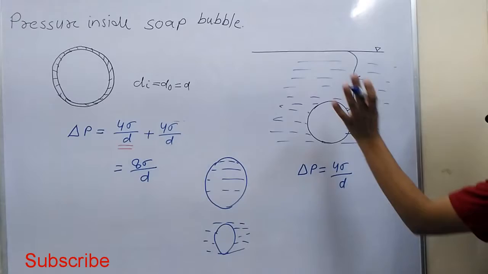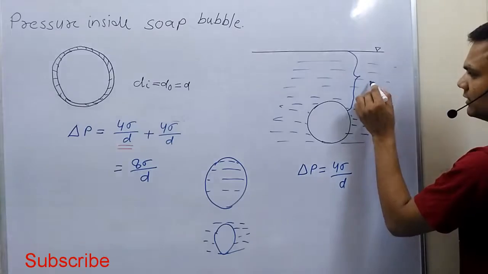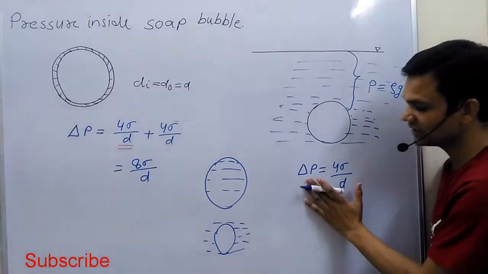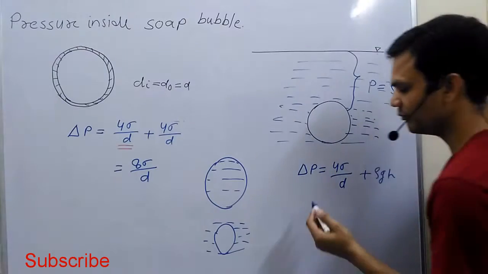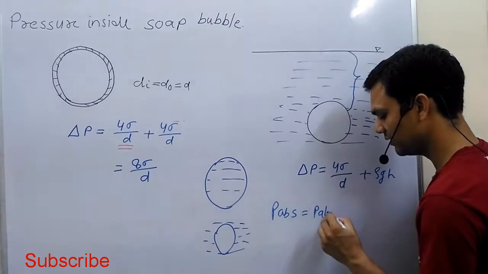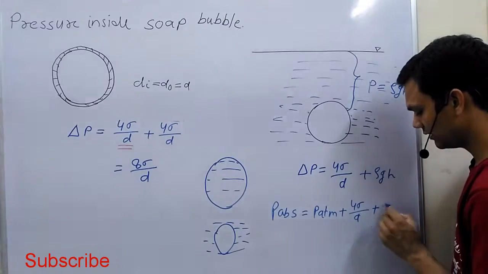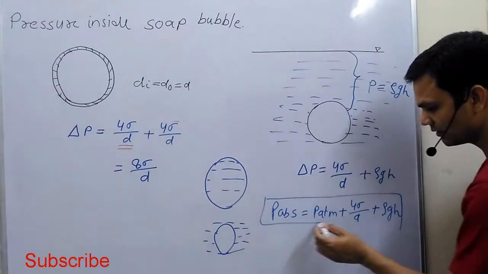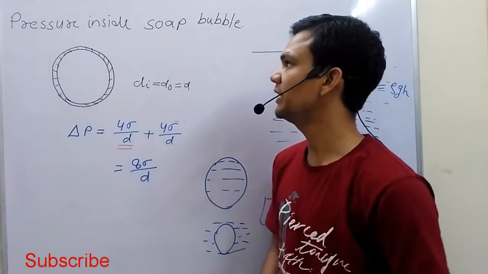Now for this case, because this is the sign for water level, the pressure below the atmospheric pressure is rho gh, so this formula will be like this plus rho gh. If we want to calculate absolute pressure, the atmospheric pressure P will also be added in this, so the total pressure, or we can say the absolute pressure, for this case will be this. So this is about the liquid droplet and soap bubble.